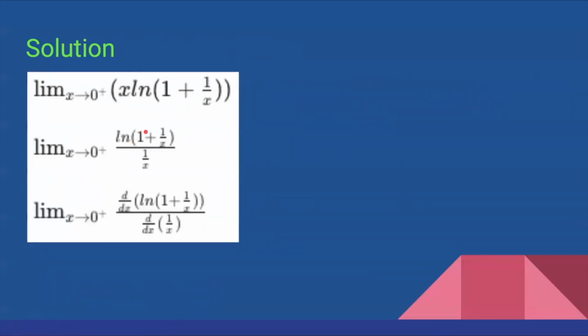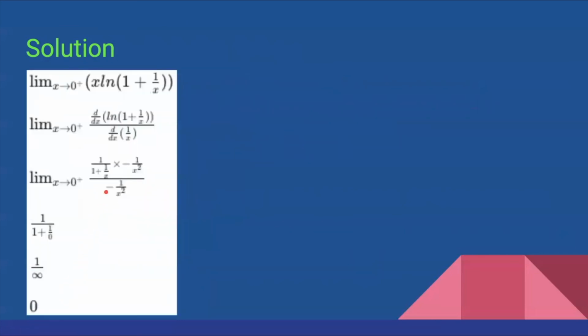So you differentiate both the numerator and the denominator. For the numerator, you'll use the chain rule. So the derivative of ln x is 1 over x, and you replace x with the inside function. And the derivative of 1 plus 1 over x is just negative 1 over x squared.